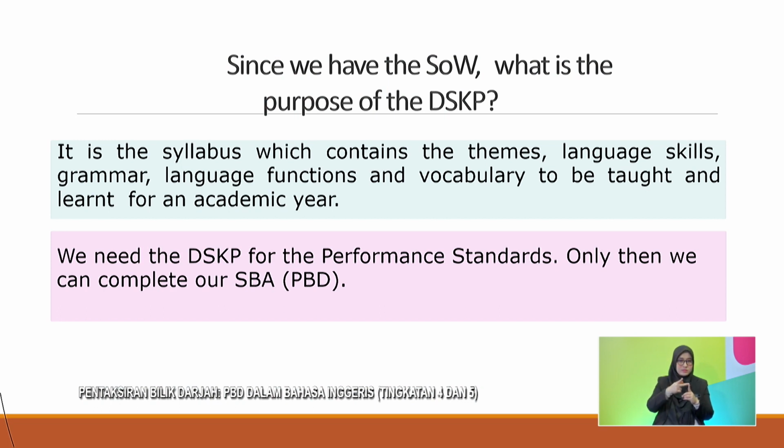And as you can see in the slide, it's very basic. In our SOW, we are only shown the learning standards and ideas on how to plan the lesson and execute the lesson. But in order to award the TP or the performance standards that the pupils deserve, we need the DSKP for that. Only then we can complete our SBA or PBD.